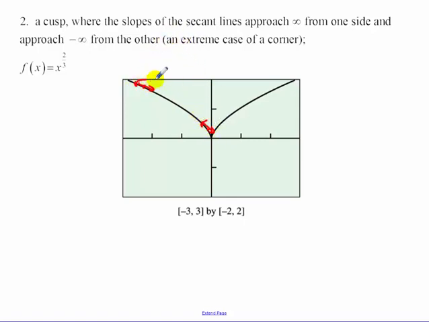So our secant lines are approaching negative infinity from one side, and on the other side, approaching positive infinity as I get closer and closer to 0. A lot of times this happens when your function's exponent is a fractional number.